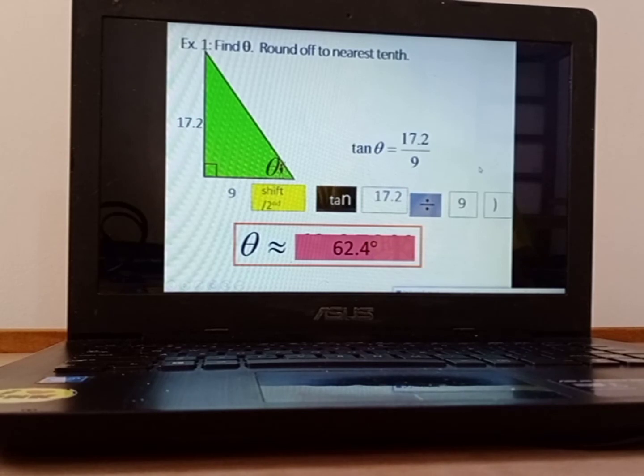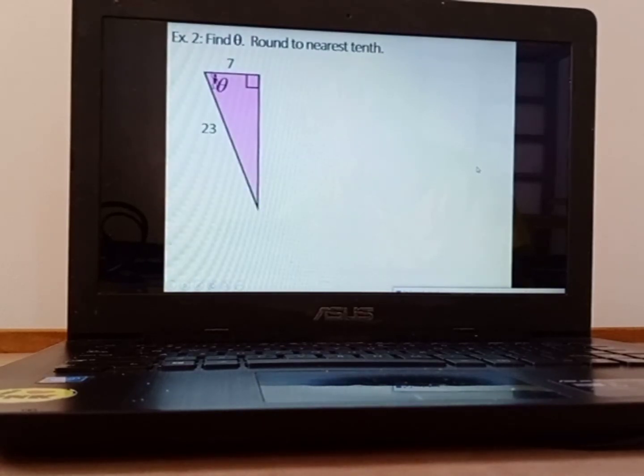So let's have another example to understand more. We'll have to find the value of our angle, rounded to the nearest tenths. So this is our angle theta. What will be our given? Beside our angle theta is 7, so this is our adjacent side. And here we have our longer leg, or this is our hypotenuse.